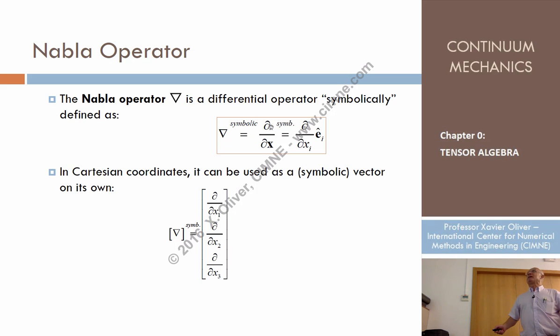That's why many times we say symbolically, because of course this is not a vector. A vector has to have numbers here, and instead it has differential operations. But using that, we can now define many useful operations on the basis of what we have seen so far about tensorial algebra. Let's see.